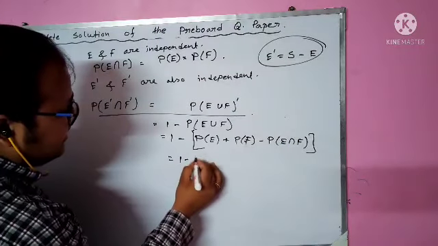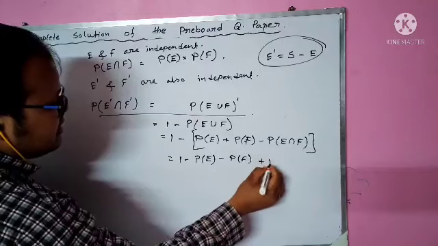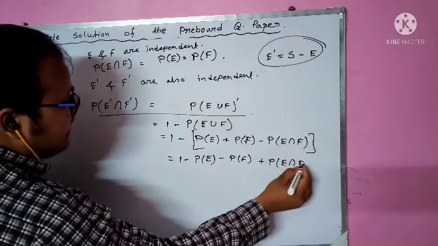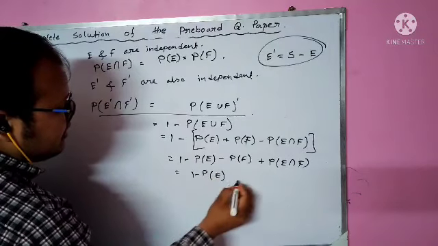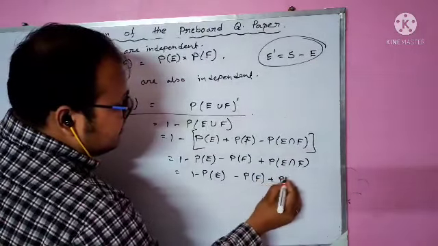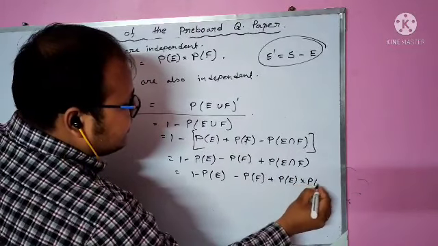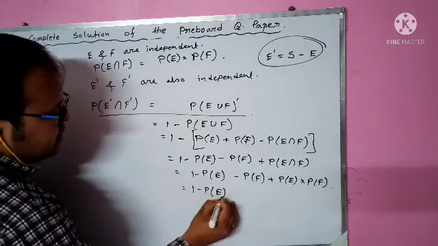Now you open up the bracket, so it will be 1 minus P of E minus P of F plus P of E intersection F. And by the way, in E intersection F also you can write the P of E into P of F here. So it is P of E into P of F. Now once again you can take this P of F common from there. So it is very easy.